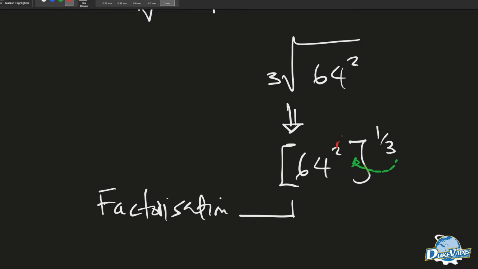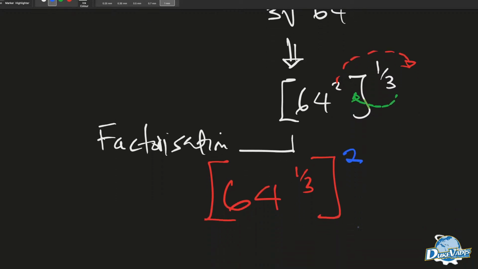When I do that, I get 64 raised to the power 1/3 in brackets, then the 2 out here. I haven't done anything other than factorizing the 2 out as I bring the 1/3 in.